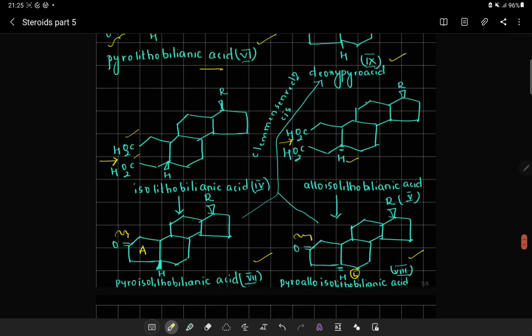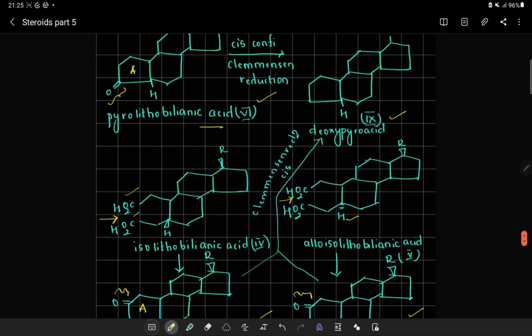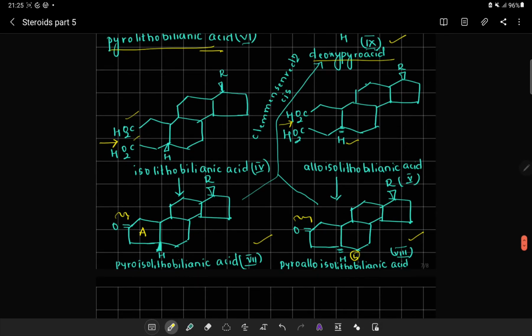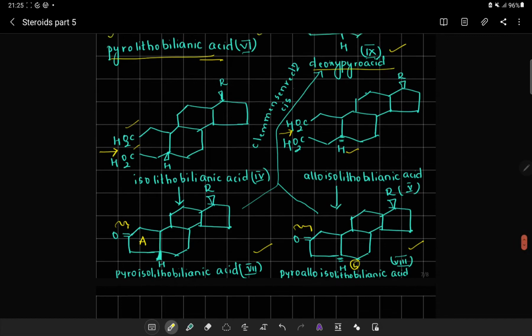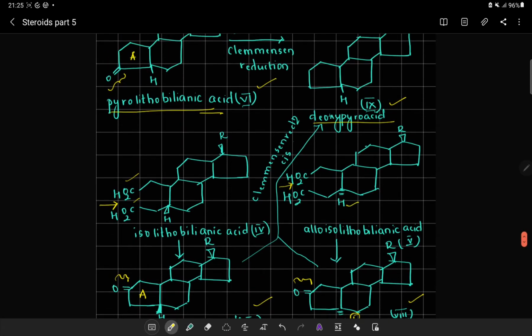When compound number 7 and 8 also undergo a Clemmensen reduction, they again give me deoxypyroacid. That means all these acids, pyrolithobilianic acid, pyroisolithobilianic acid and pyroalloisolithobilianic acid, respectively compound number 6, 7 and 8, finally undergoing a Clemmensen reduction, give me deoxypyroacid, that is compound number 9.